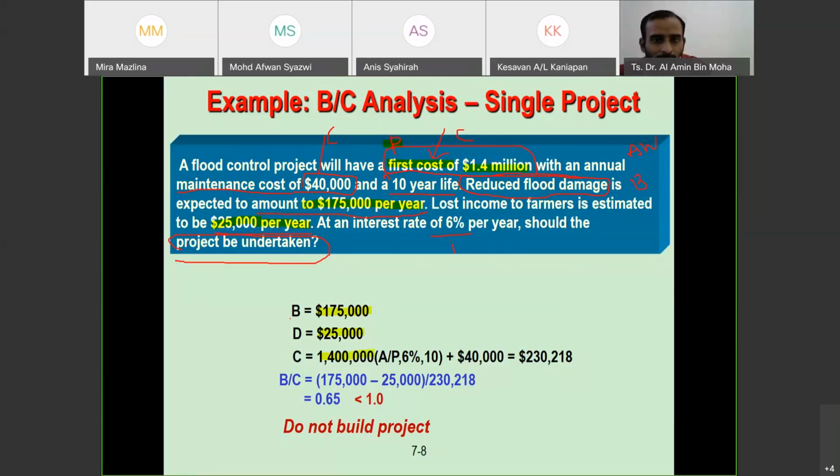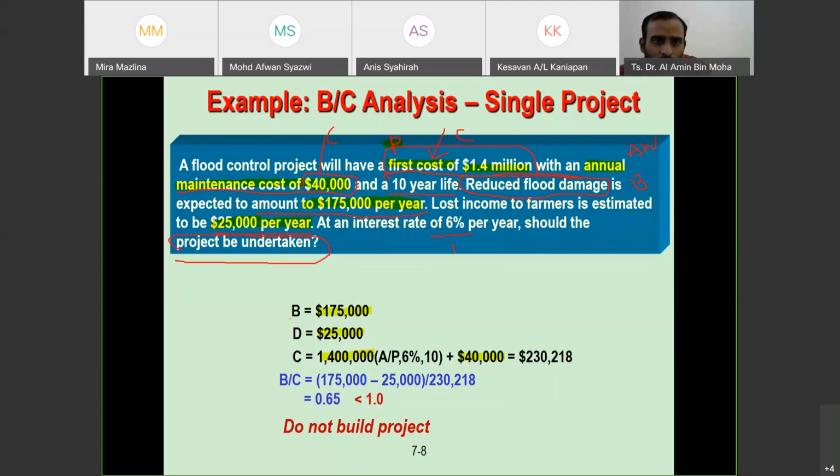And then we have annual maintenance cost of 40,000. If you still remember, we need to be consistent with the units. Almost all the units here are annual worth. Annual maintenance cost is 40,000, 175,000 per year is still A, and 25,000 per year is annual worth.